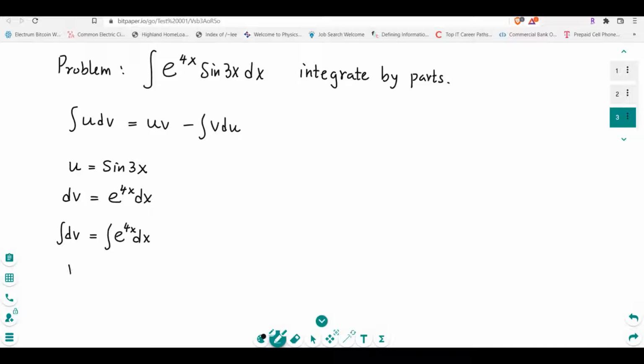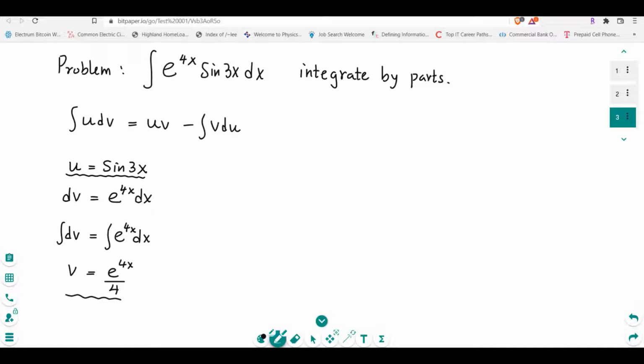So then I'm going to get v equals the integration of this exponential function, which would be e to the power 4x over 4. So that's going to be my v.